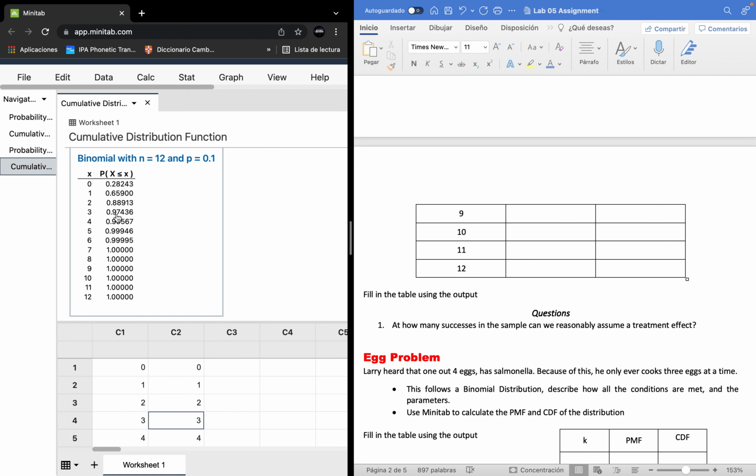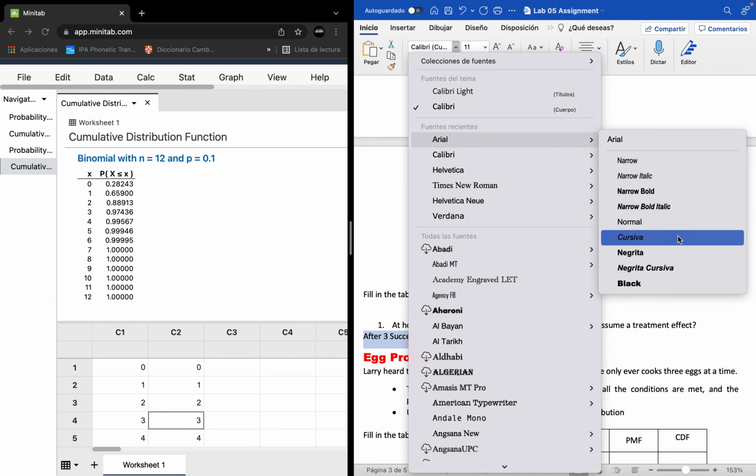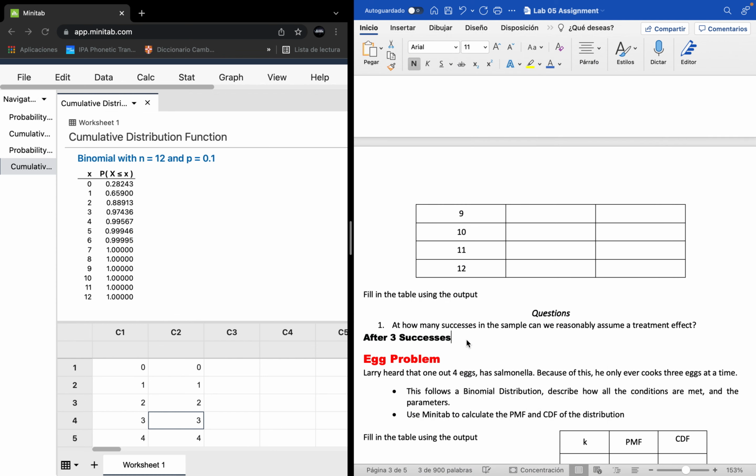Then for 3 we have 0.97. This is greater than 0.95. So it will be from 3, after 3 successes. There you have.